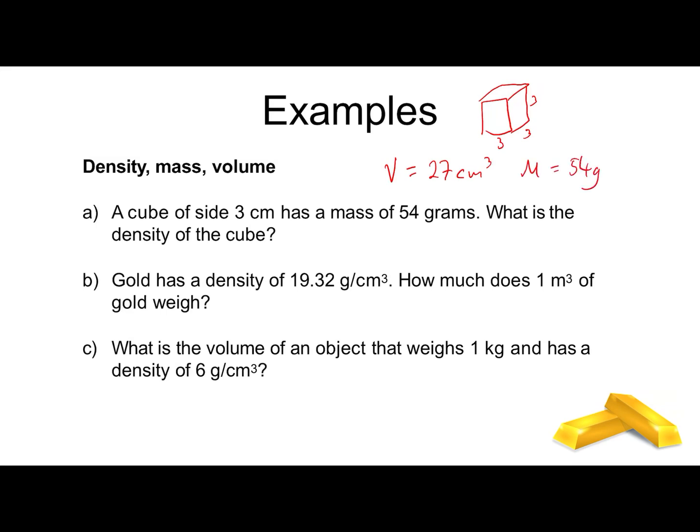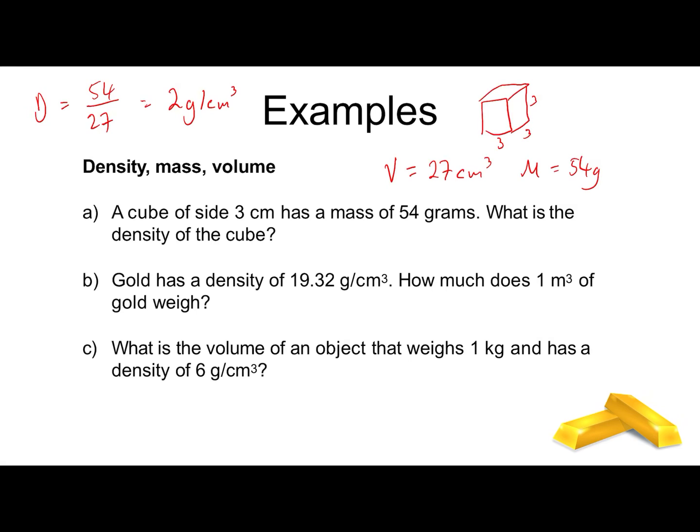And the mass, you're told, is 54 grams. So the density is simply equal to the mass, 54, divided by the volume, 27. And so that is 2 grams per centimetre cubed.